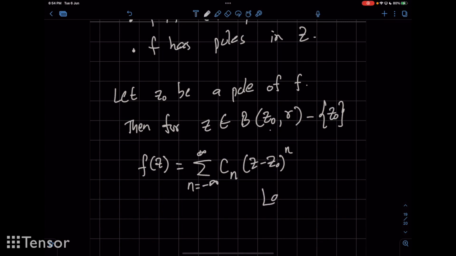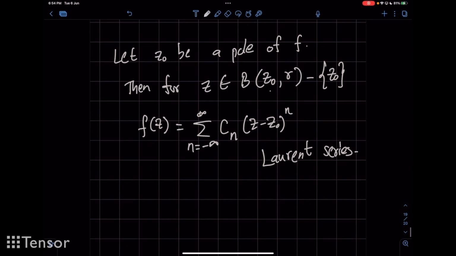This is called the Laurent series. So if we have a pole of a meromorphic function, around that pole we have a Laurent series. And of course, this Laurent series converges absolutely and uniformly.